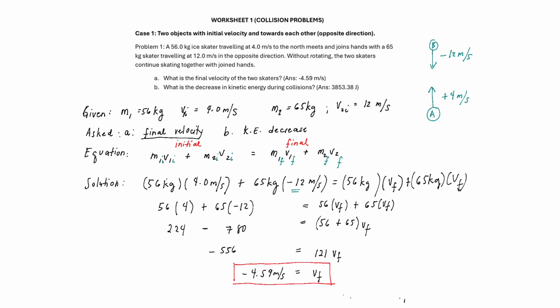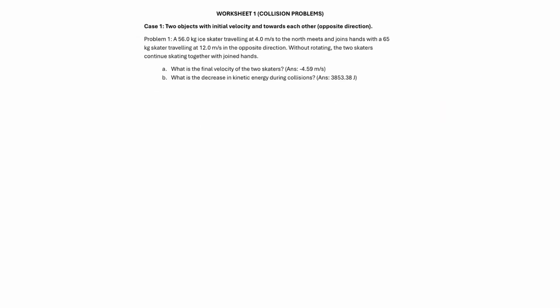Now you might be wondering, what does the negative mean here? The negative means that the two objects had collided and are traveling in the southern direction. Notice here that this one has a very high speed, negative 12, and so that direction would be going southward. Now, how about the question for letter B?